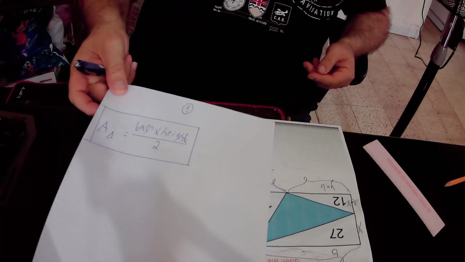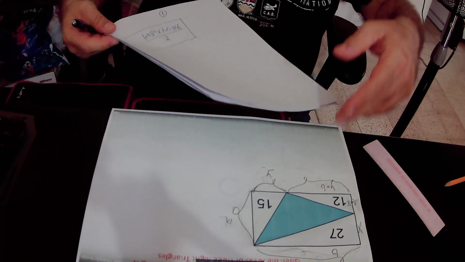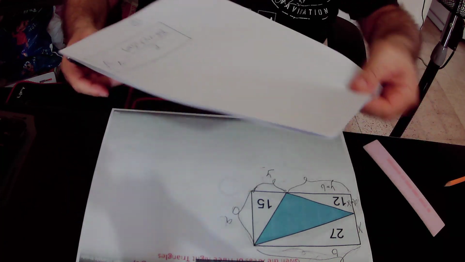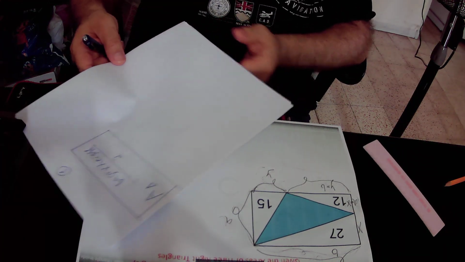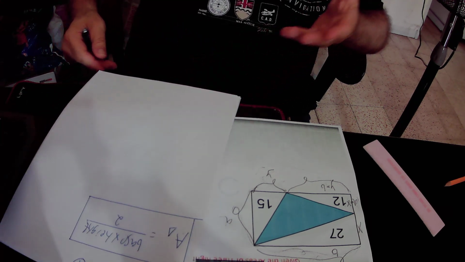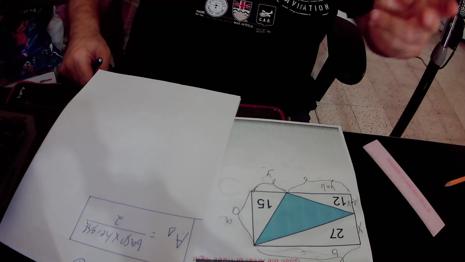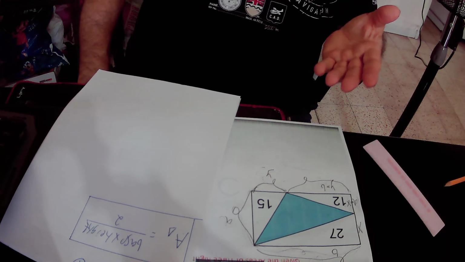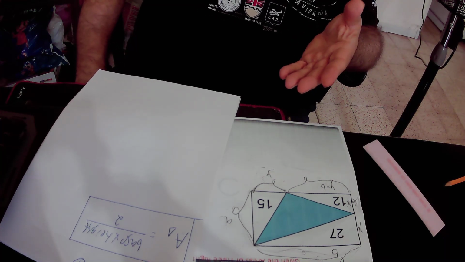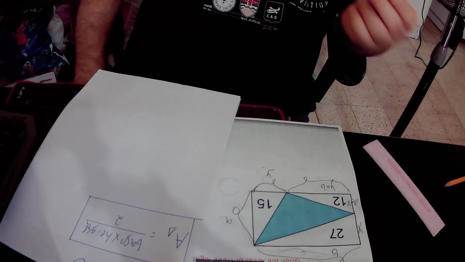So we will implement this formula in order to create the formulas of these three right triangles. We do know the areas of those three right triangles.